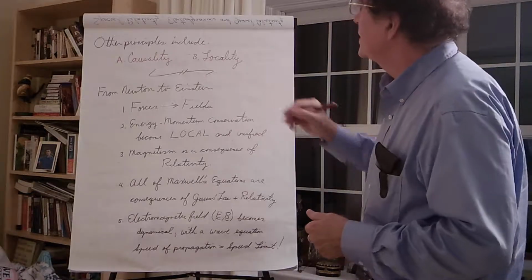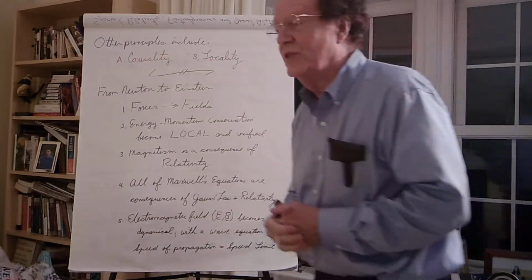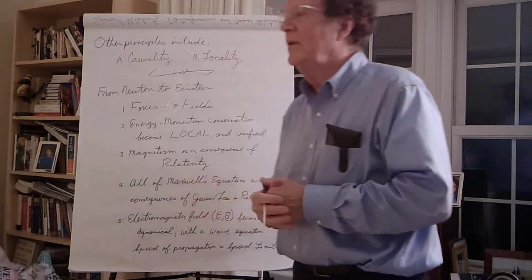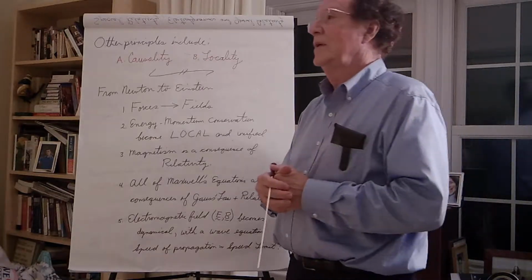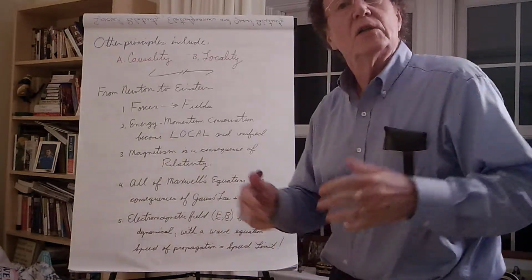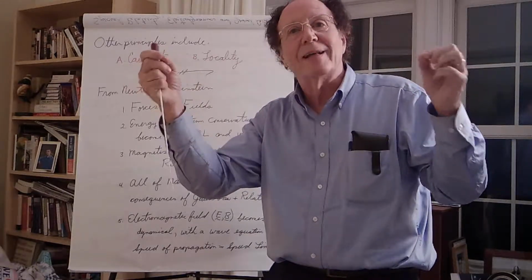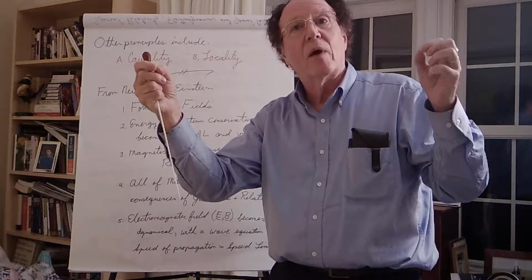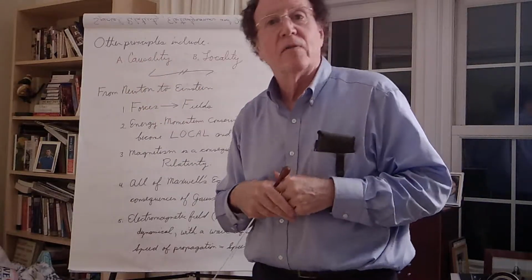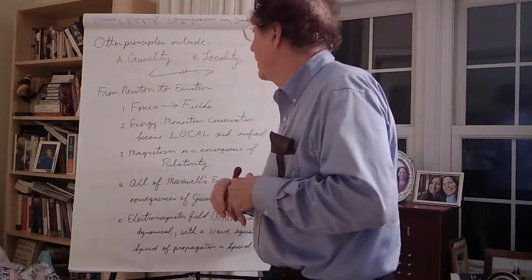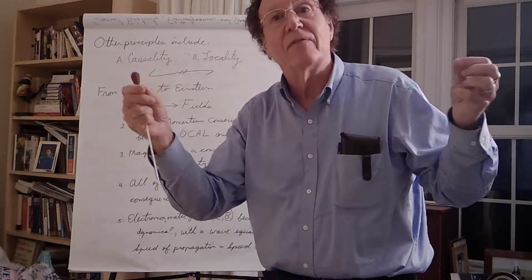But when we move to Einstein and we think about locality and causality, we're going to be pushed in another direction. Forces are not going to be as useful, but the concept of fields is going to become useful. So we'll be moving from electrostatic forces between separated charged particles, where the electrostatic field is just a handy way of saying what the force law is between those particles, to the concept of the electromagnetic field.